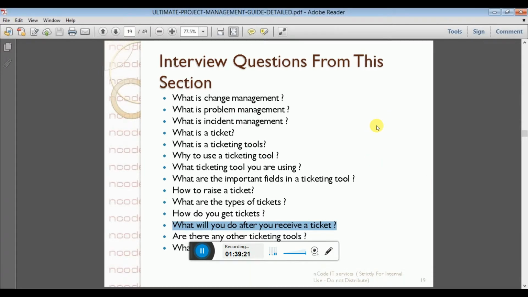If they need to talk to the ticket raiser, we will talk to the ticket raiser. Then once it is fixed, we close the ticket.